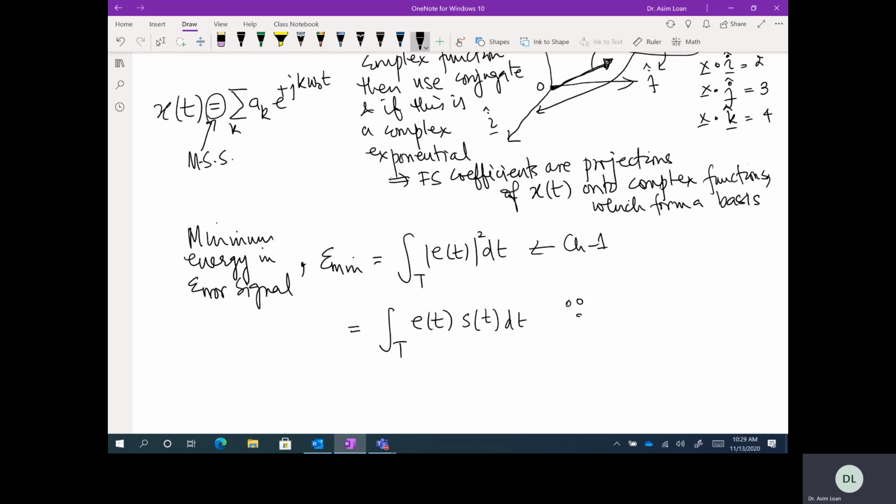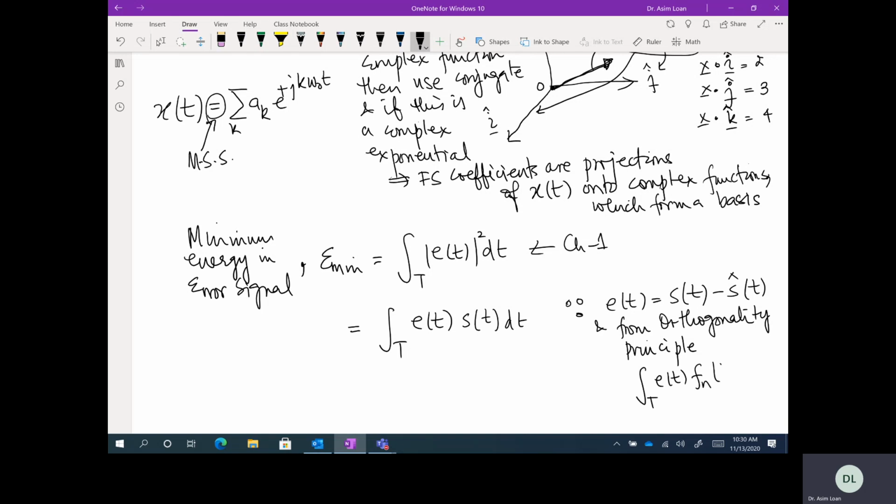Why? Because e of t equals s of t minus s hat of t, and from the orthogonality principle, which I've stated above, e of t times f n of t, so error and data, error is orthogonal to data.